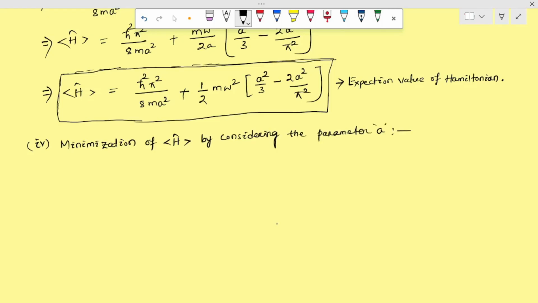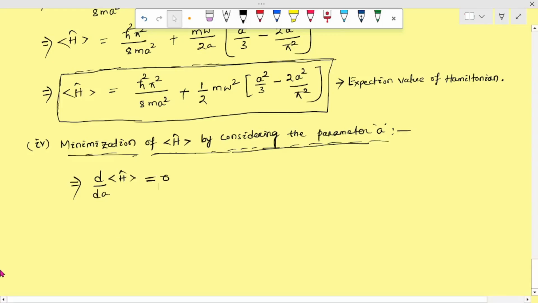That means we have to differentiate the expectation value of the Hamiltonian with respect to a and equate to 0. So what is the meaning of this heading? The meaning of this heading is nothing but d by da of the expectation value of the Hamiltonian, whatever we found, will be equal to 0. This is the minimization condition. Here a is the parameter.